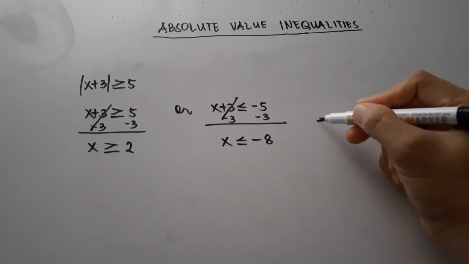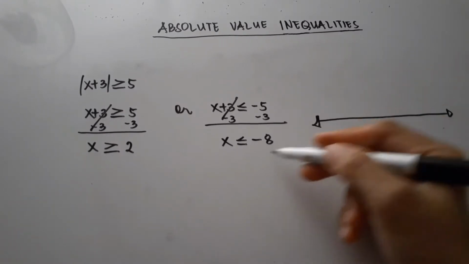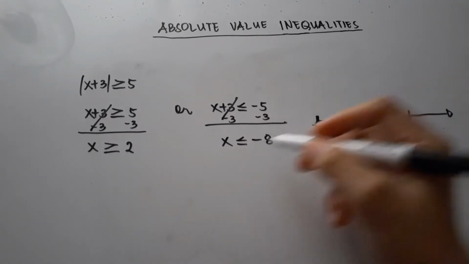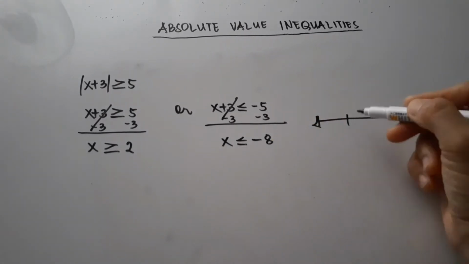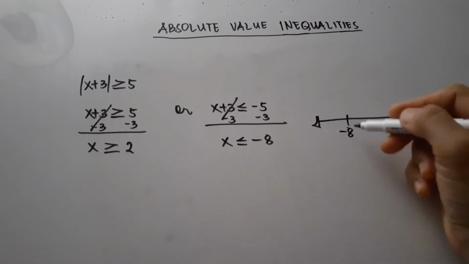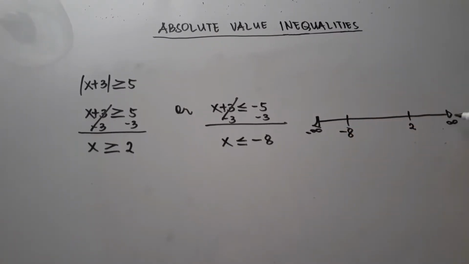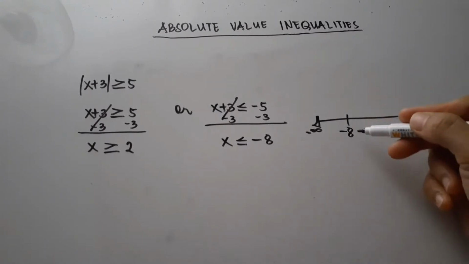So on the number line in interval notation, we can locate the values. x is 2, which goes toward positive infinity. Here is negative infinity, where x is less than or equal to negative 8.